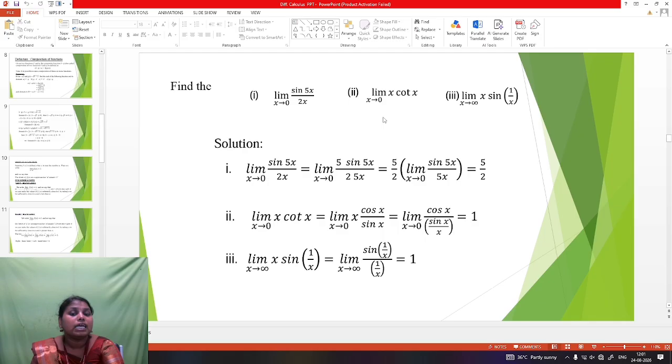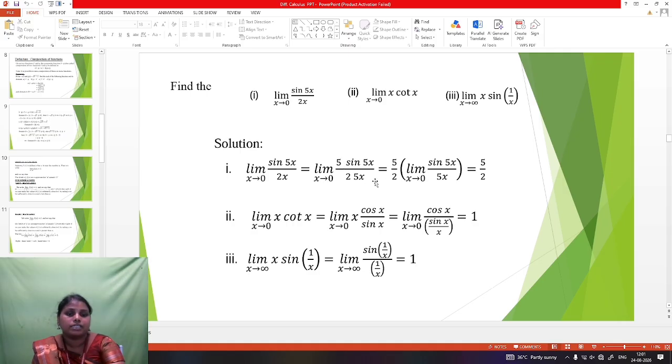Solution. First one: limit as x tends to 0 of sin 5x by 2x. If we put in x equal to 0 directly, we get 0 by 0, so we simplify.